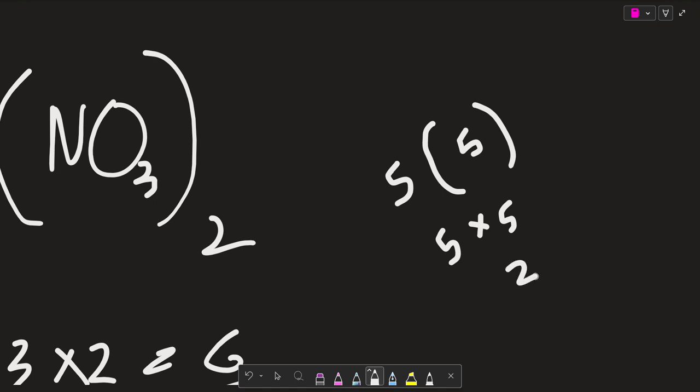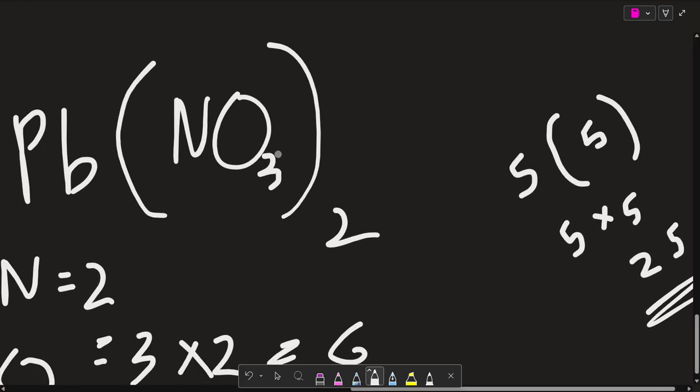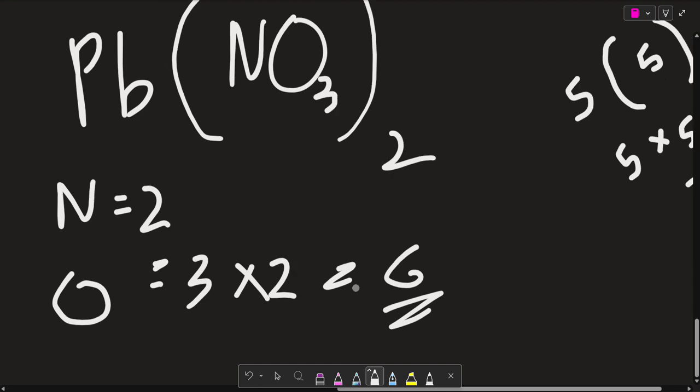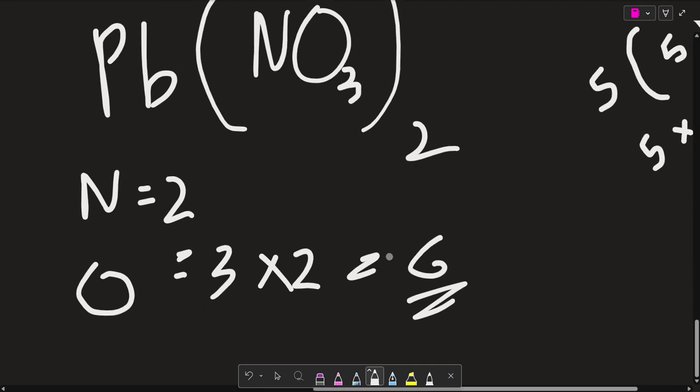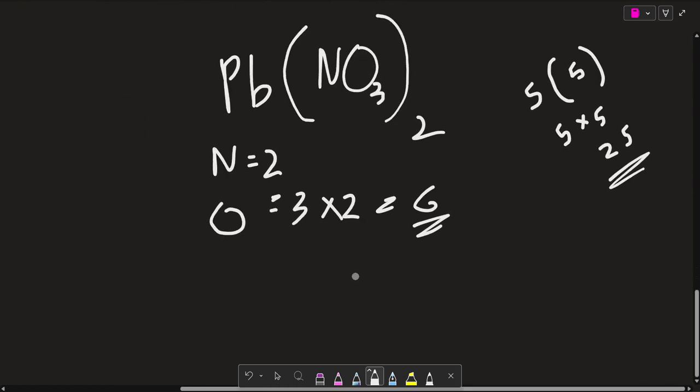That is 25. Similarly, use this trick to understand this. Here, 3 is located inside the parenthesis while 2 is located outside the parenthesis. So 2 multiplies with 3 to form 6. So the molecular mass of oxygen is 6. Just keep that in mind. That's all you have to know about how to balance an equation.